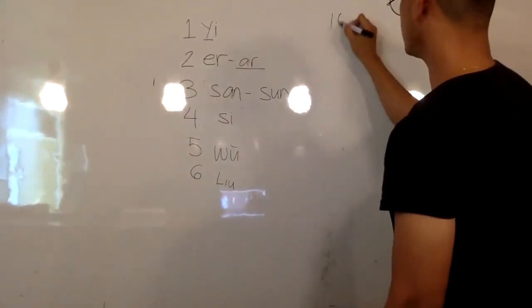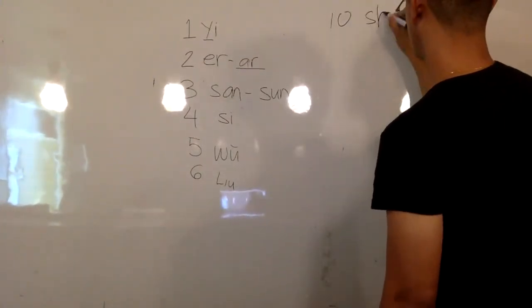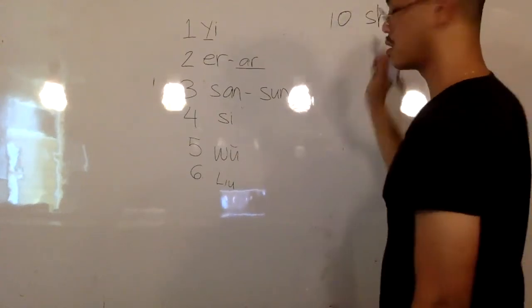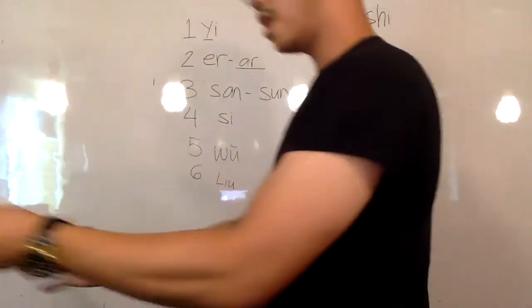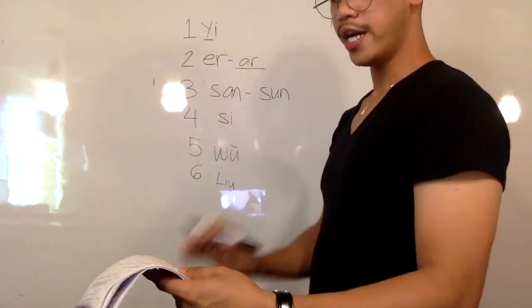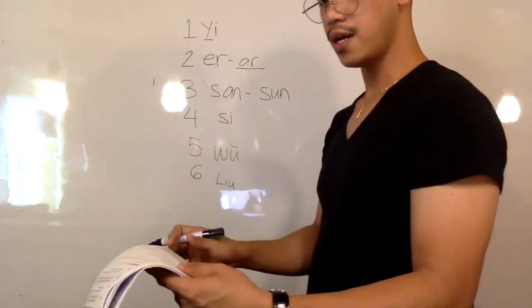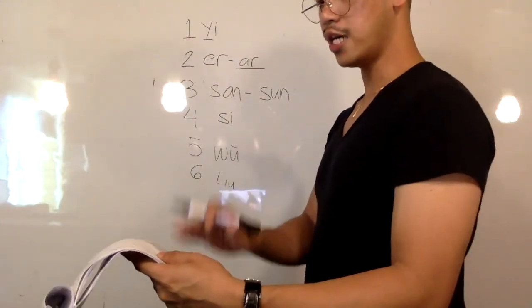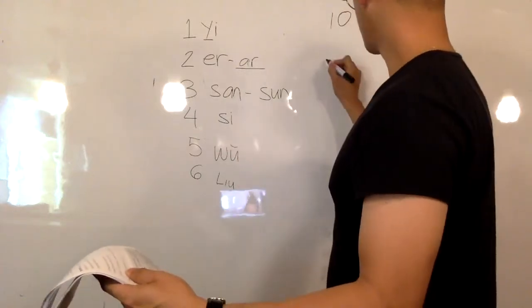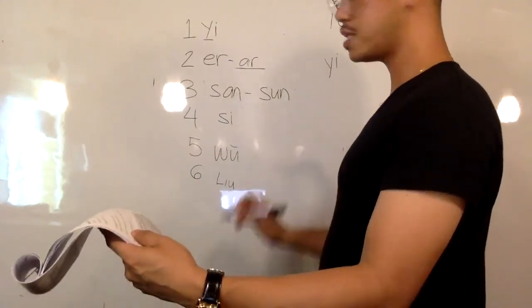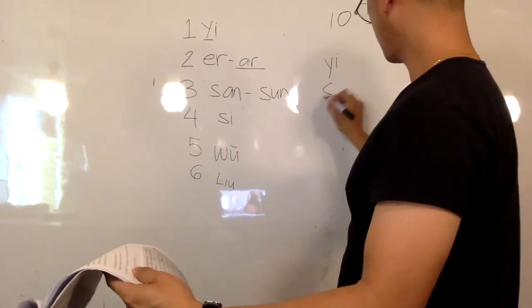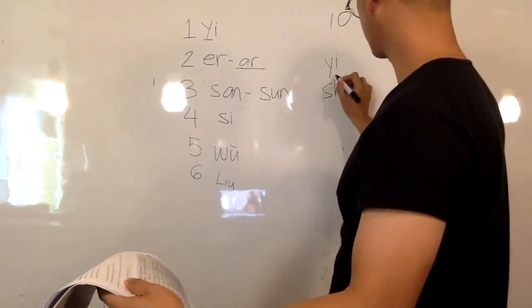Okay, 10 is shi. As I've mentioned earlier, in numbers 11 to 19, we omit the initial yi because 10 is already there.